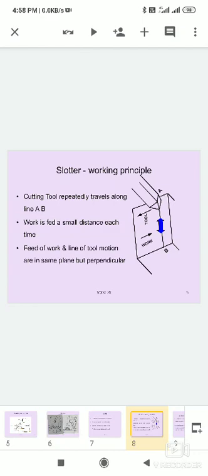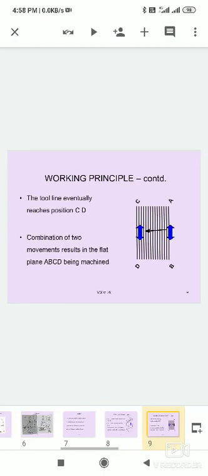Feed of work and line of tool motion are in the same plane but perpendicular. Working principle: the tool line eventually reaches position C to D, in the vertical direction. The combination of two movements results in the flat plane ABCD being machined.